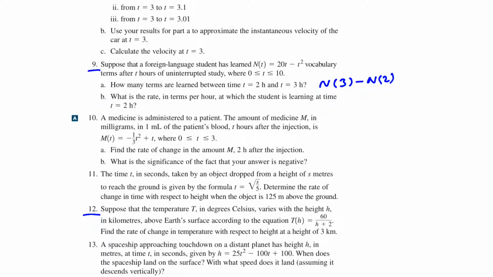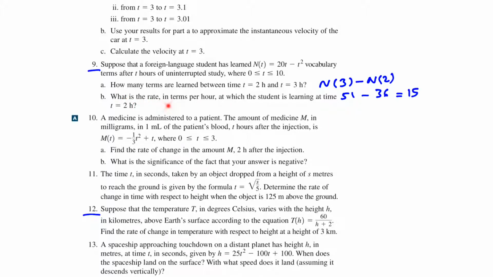N(3) equals 51, and N(2) equals 36, and the answer would be 15. 15 terms are learned between t equals 2 and t equals 3.